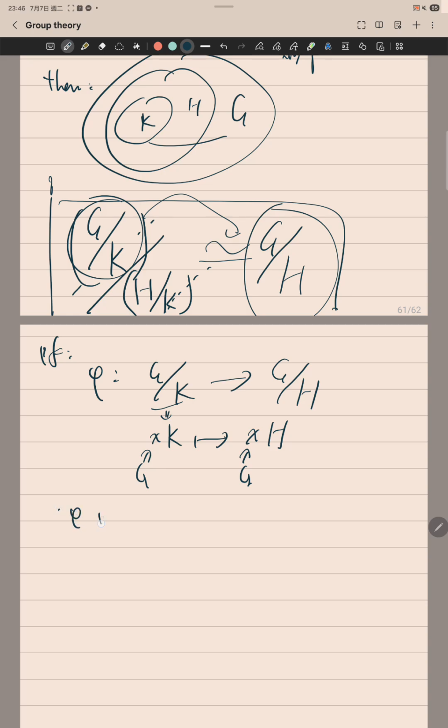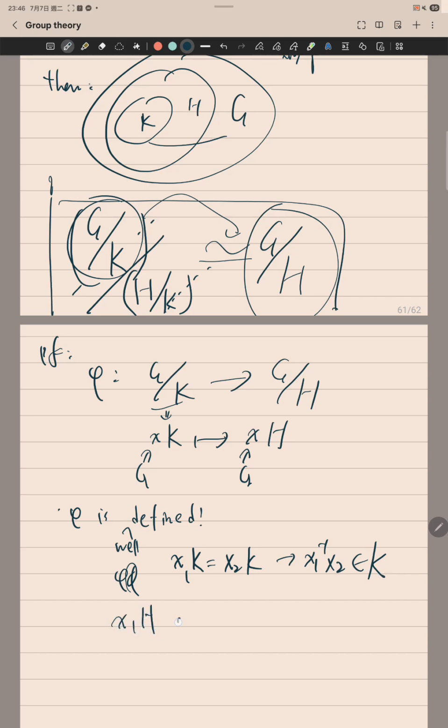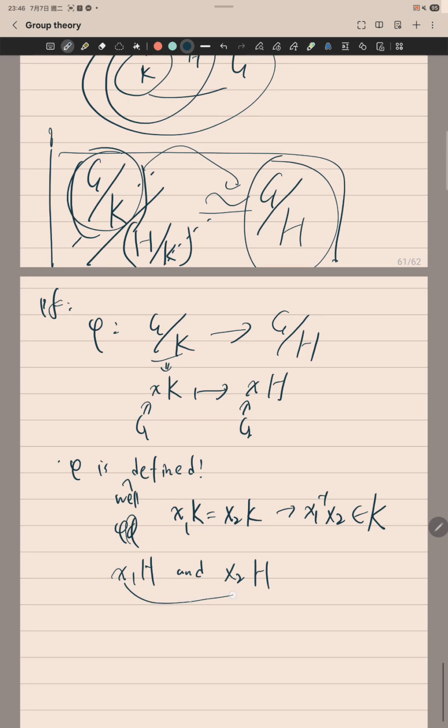First you need to check that phi is well defined. It should be very simple. I just need to check that if x1K equals x2K, then this means that x1 inverse x2 belongs to K. It maps to x1H and x2H, and you want to see that they are the same.